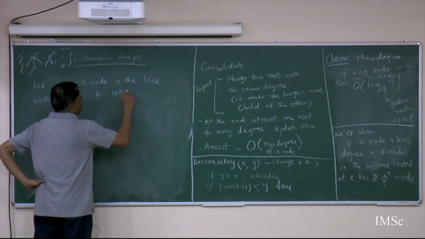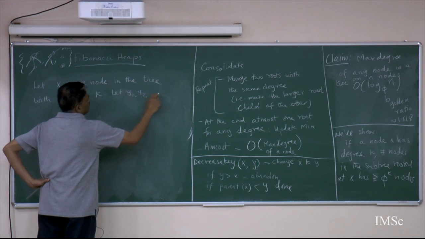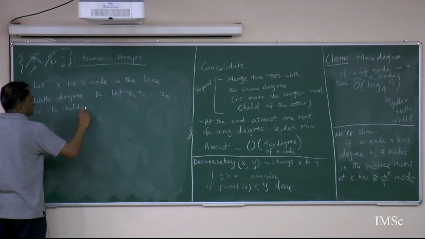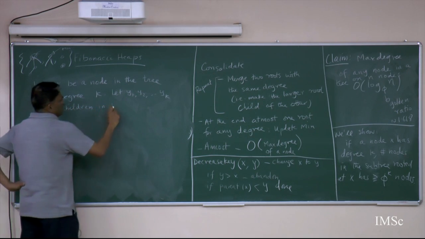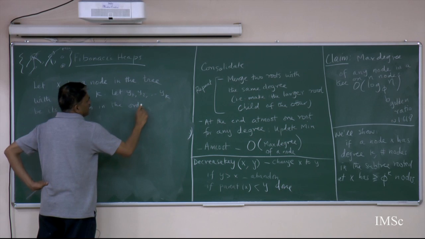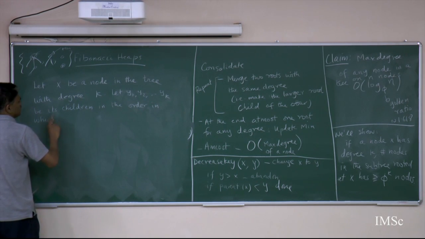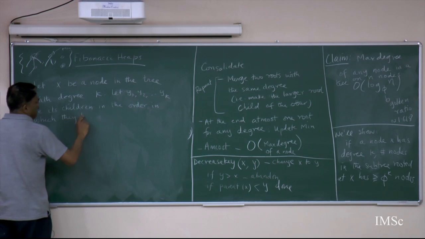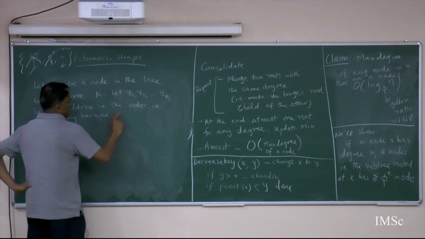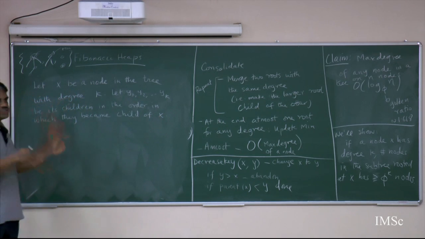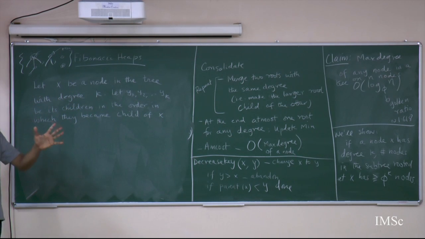And let y1, y2, yk be its children in the order in which they became child of x. So these operations are happening, and I look at one timestamp, look at one tree.